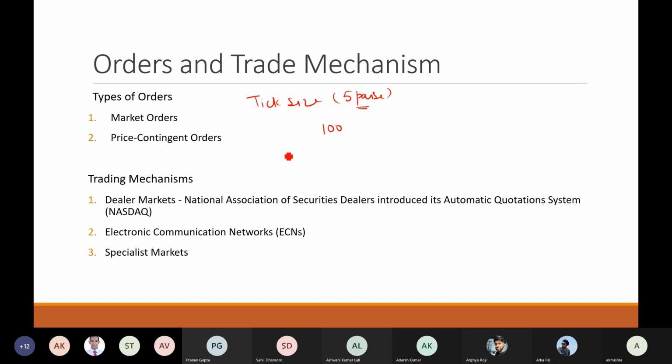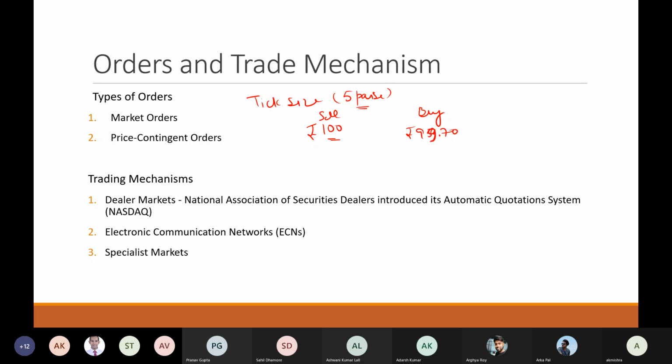So let's say you want to sell at 100 rupees, and in the market you are not able to sell it. Buyers are saying that they'll buy when the price goes down to 99.70, let's say.